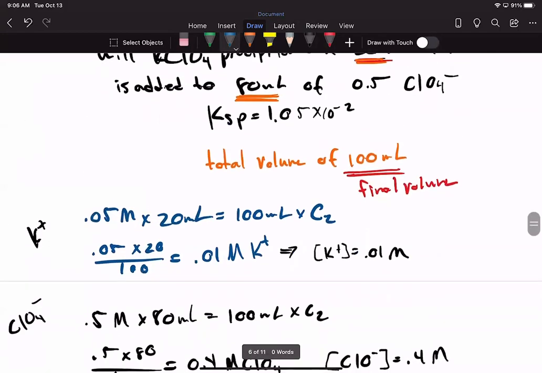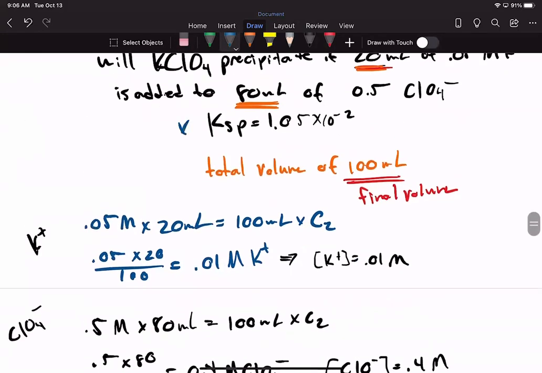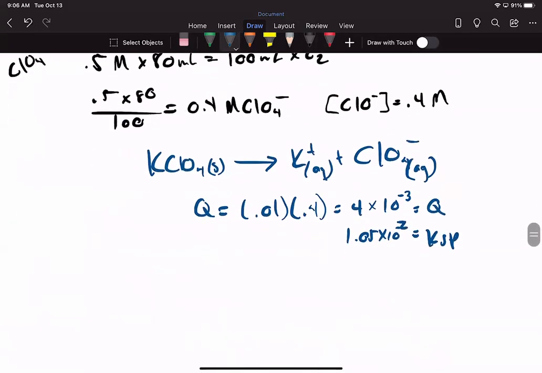Is that what I wrote up here? Yep, there it is. 1.05 times 10 to the minus 2, which means that Q is less than KSP. This reaction is going to shift to the right.